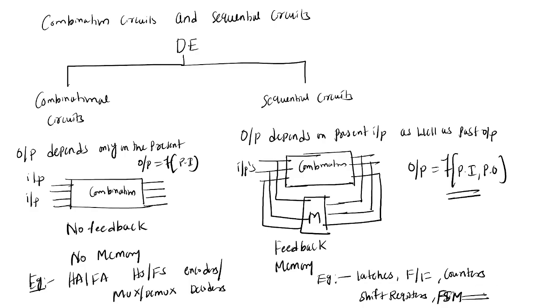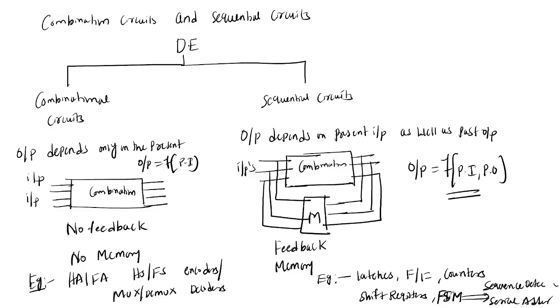With the help of finite state machines there are two types, Mealy machine and Moore machine. We are going to design a sequence detector and a serial adder.